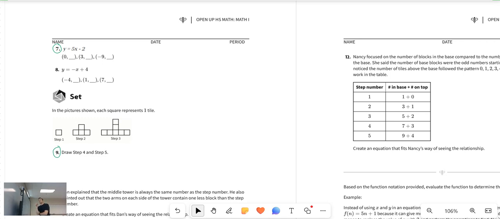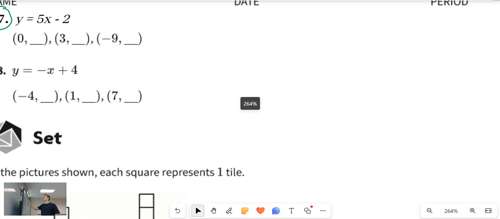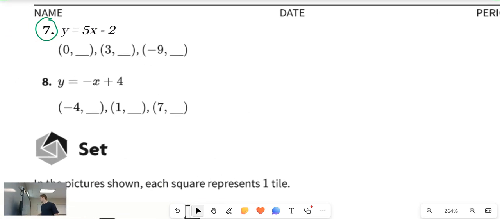Okay, so we're going to start today's assignment with number 7. We were given the equation y equals 5x minus 2. In order to do this, we're going to take whatever our x input, or x value, is and plug that into the equation. So if we zoom in here, our first x is 0.